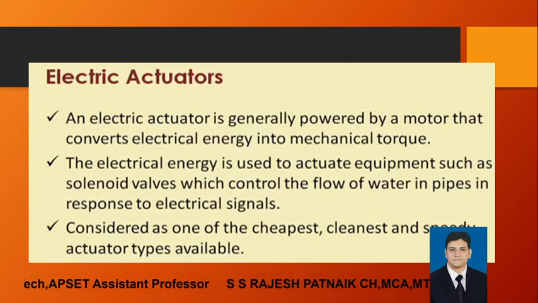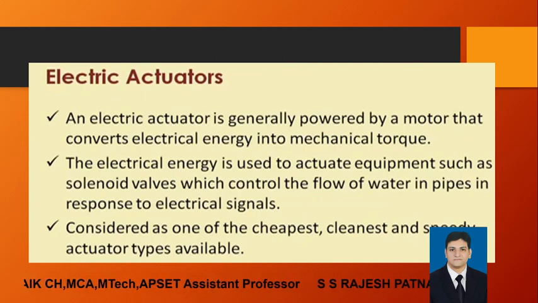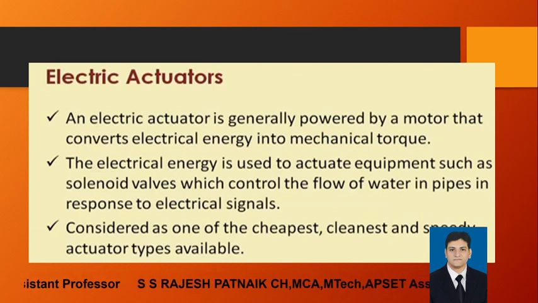We are going to consume the power, because we need to stop the power every time once the resource is used. Why should I still use the power? For the purpose of power consumption, we will use these electrical actuators. One of the best examples is the solenoid valve, which can control the flow of water in pipes.